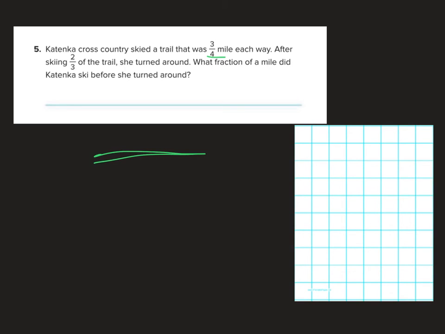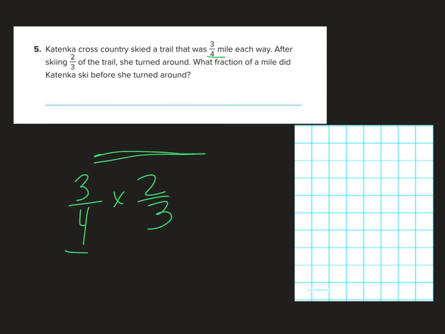What fraction of a mile did Katinka ski before she turned around? So to me, that says we're supposed to be finding 3/4 of 2/3. 2/3 of 3/4, really. But okay.